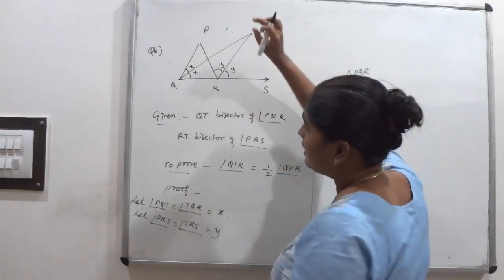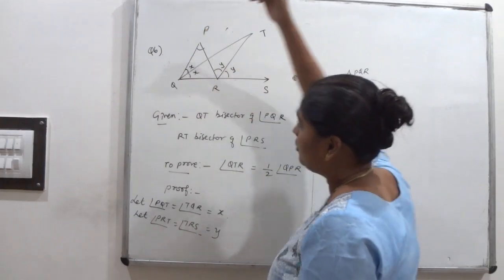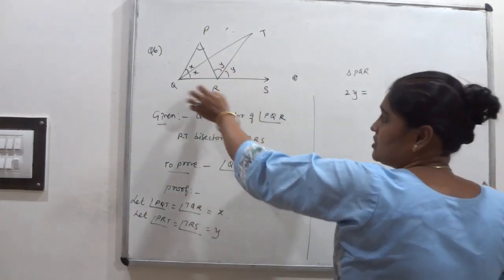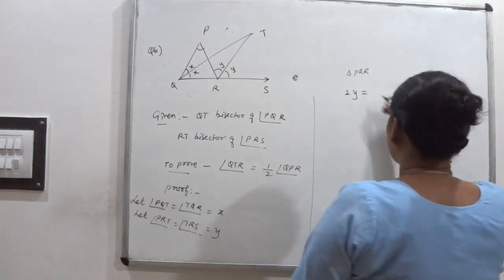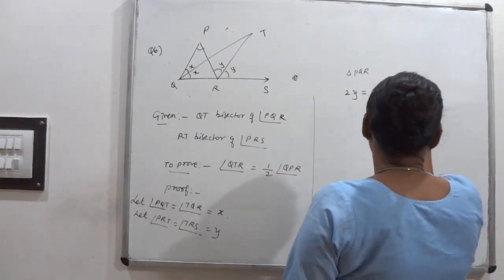What are the interior angles here? This is x plus x and angle P. So 2y is equal to 2x plus P, by exterior angle property. Equation 1.